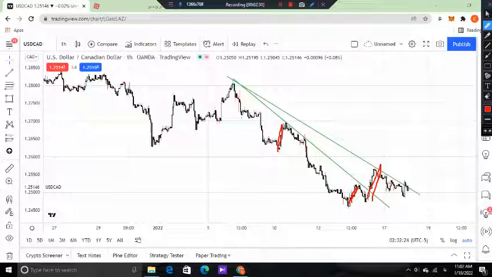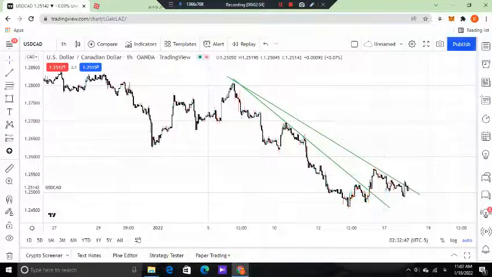Okay, there are some signs, like this one. In a downtrend you expect to see lower lows and lower highs, but when you see a higher low, it's a sign.